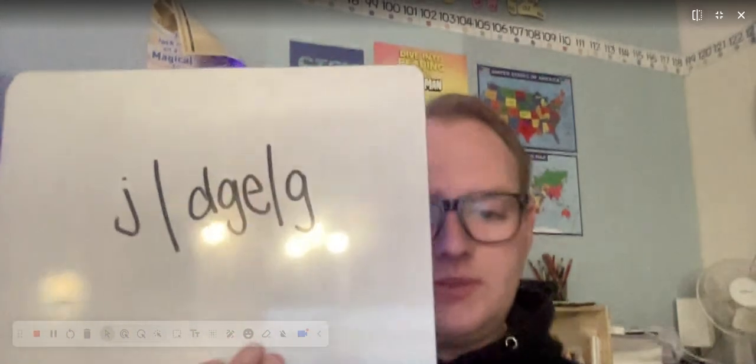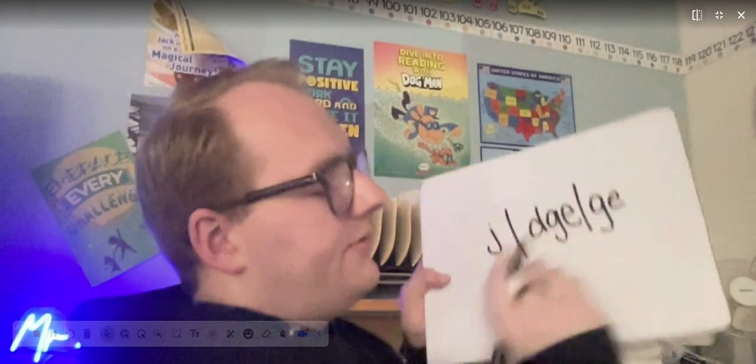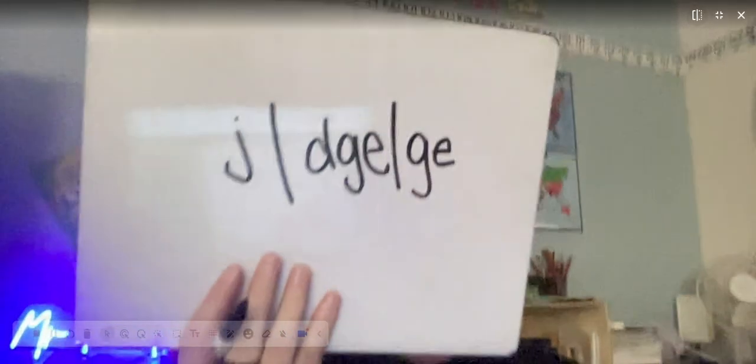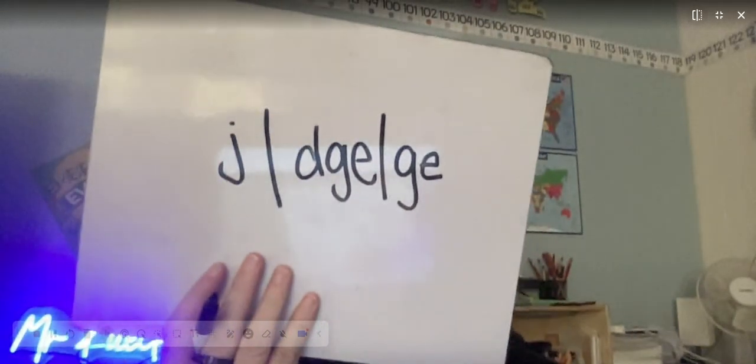The next one is j. Now, my class, if your board has these three spellings, you're correct. However, if we add an E after that G, you are more correct. Go ahead and erase. We have one last one.